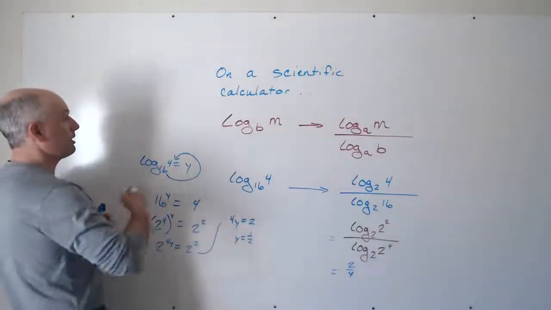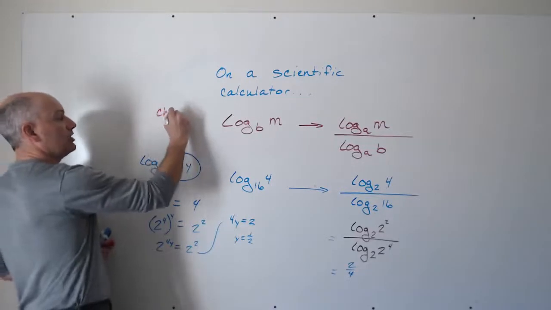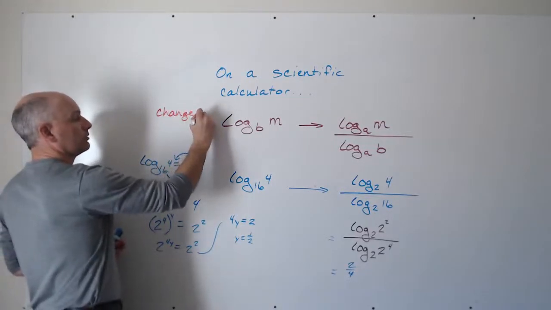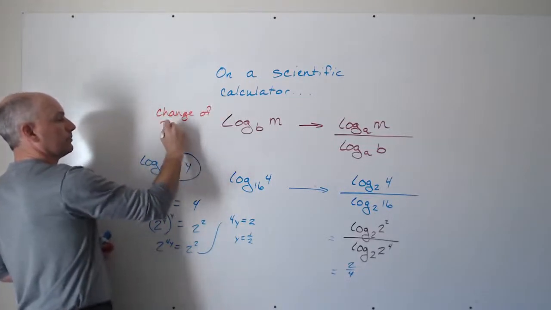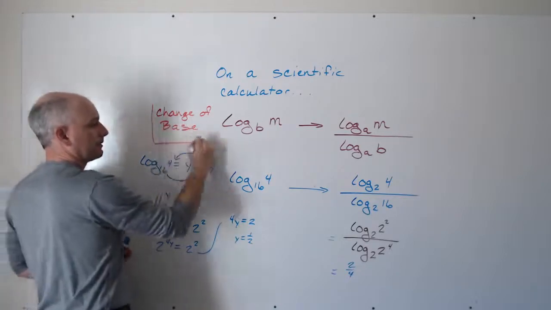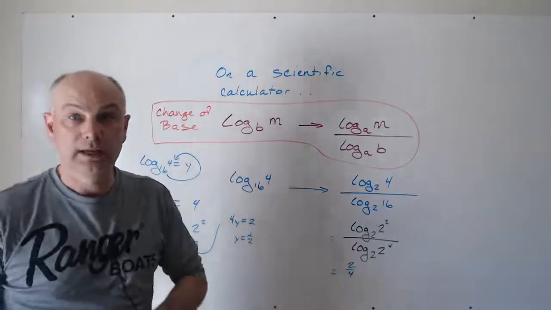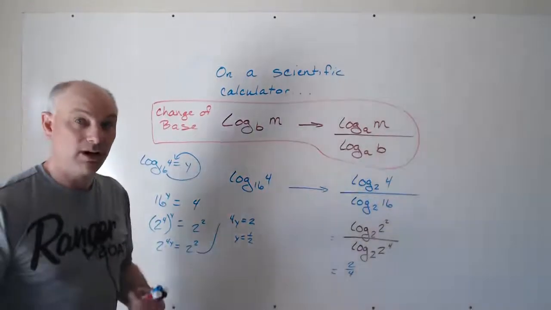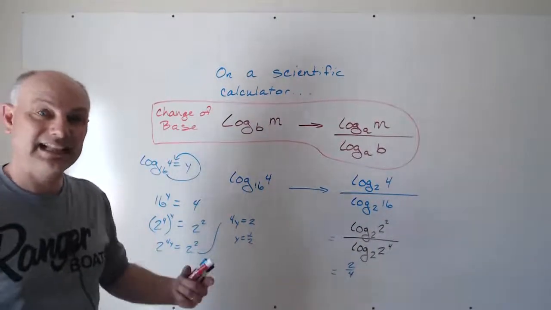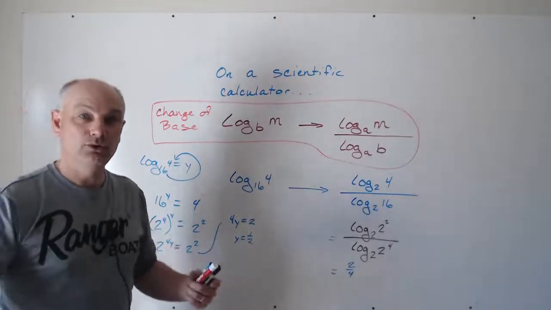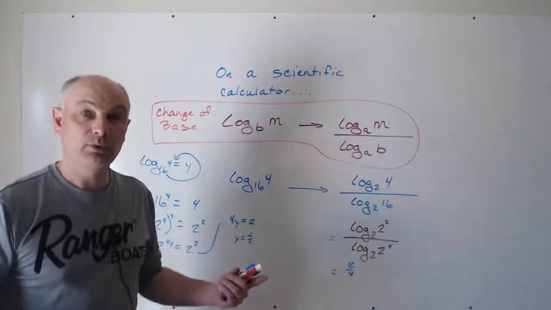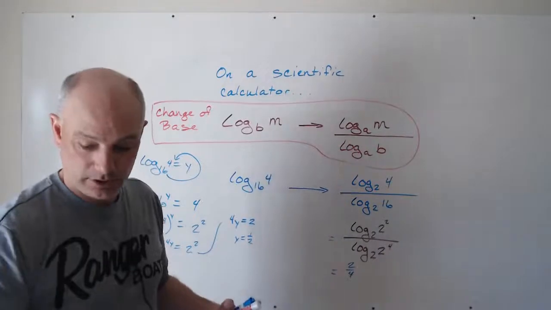So again, we might want to box that off. This is called the change of base formula. It is becoming more and more obsolete as technology continues to move forward. But again, there are times where we might find that that is a very helpful thing.